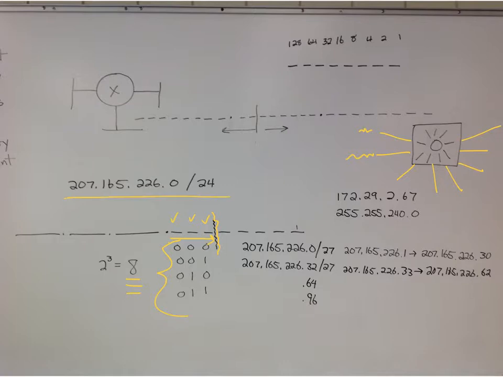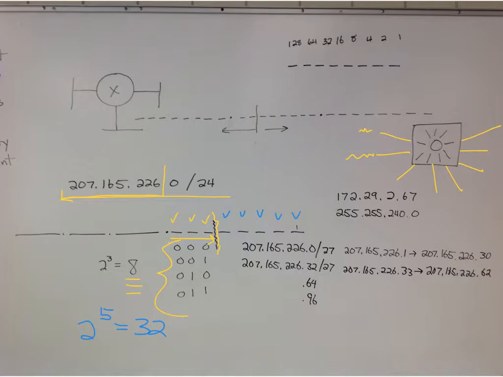So here's our starting address, /24, right? 24 prefix bits. Then we said, how big would the networks be? Well, we've got 1, 2, 3, 4, 5 bits. 2 to the 5th is 32.